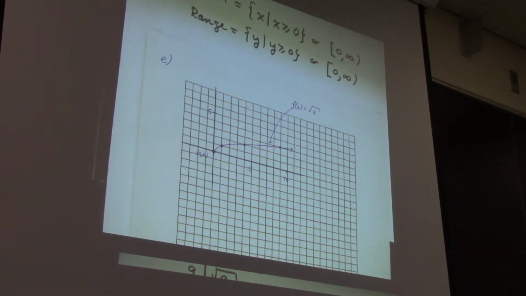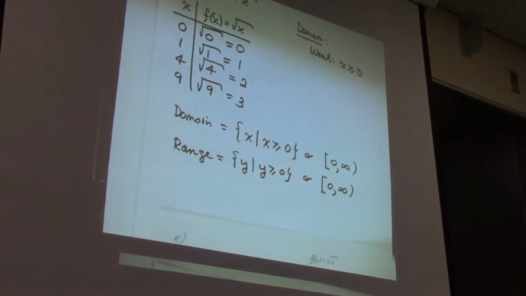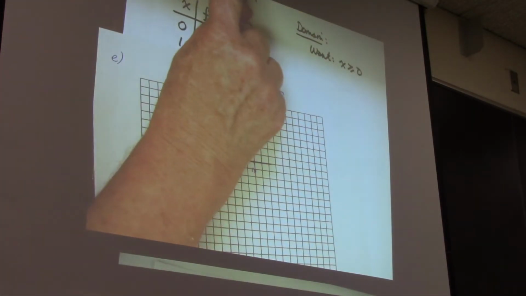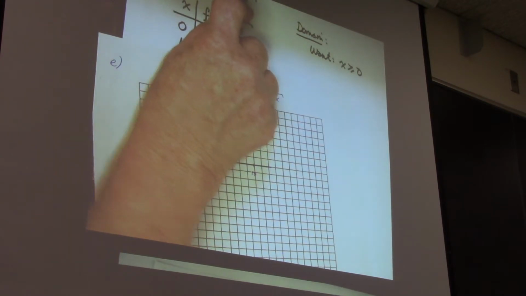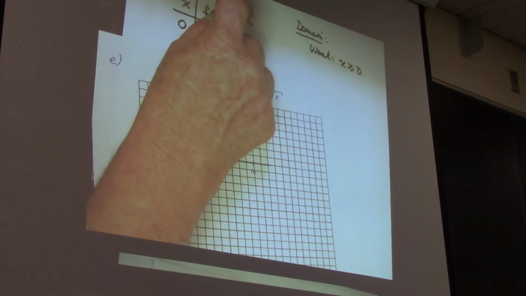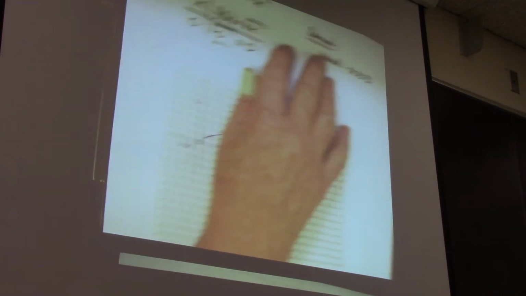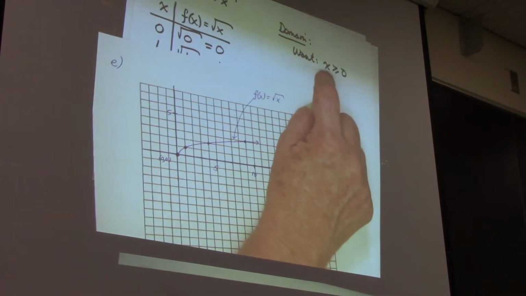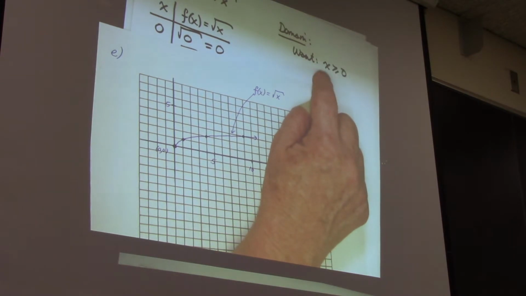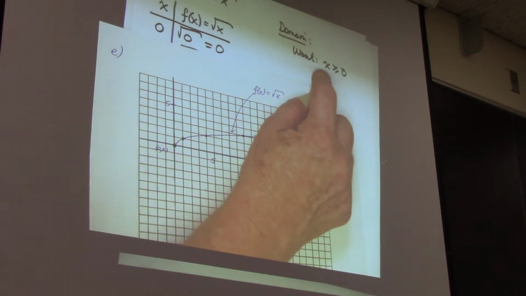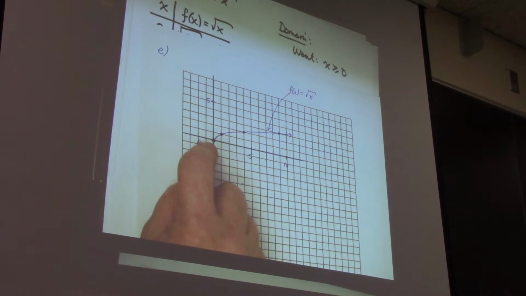Now, it's nice to know that when you have a square root function, like all those very complicated square root functions we had on our domain sheet last time, when you have your domain x greater than or equal to something or less than or equal to something, the graph just starts or stops there.